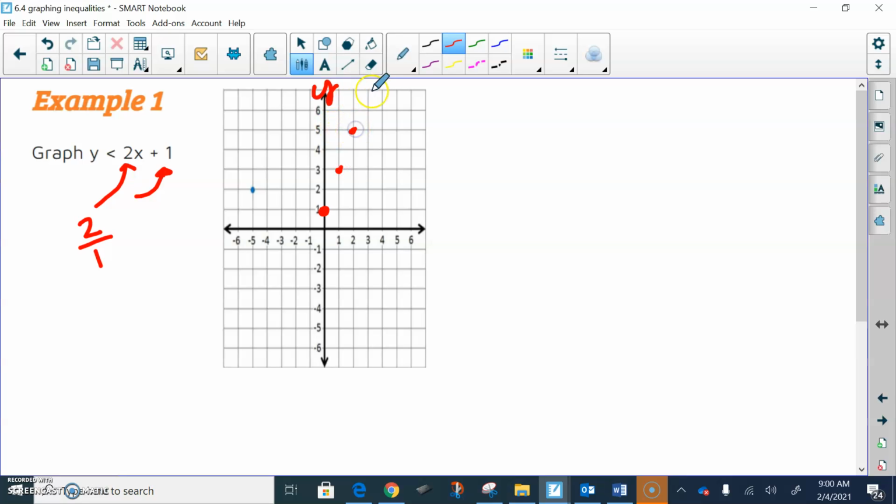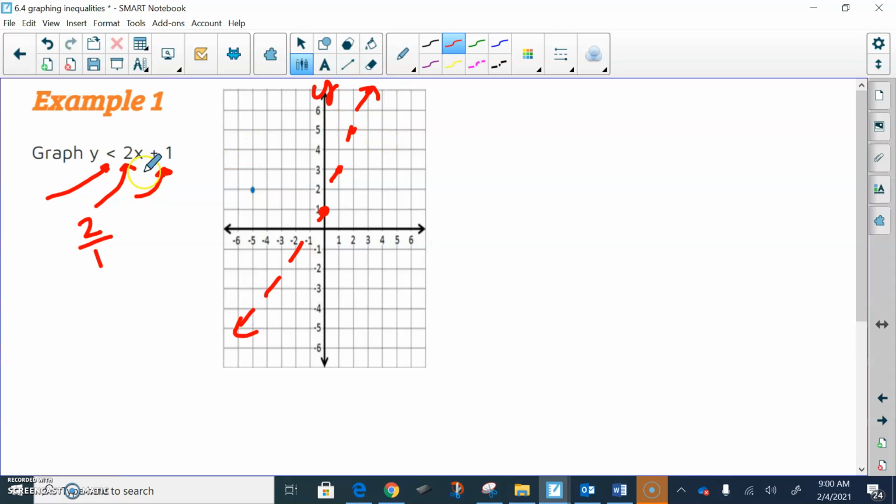Rise 2, run 1, rise 2, run 1. And because it's just a less than symbol, we want our line to be dashed. That means the points that fall on the line are not a solution. If we substituted them in, we would see that the inequality is not true. So let's go ahead and dash this line as best we can.